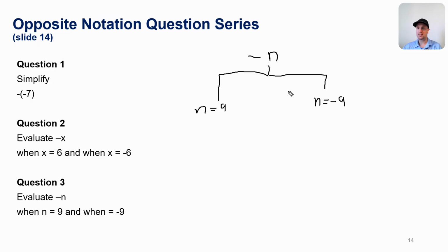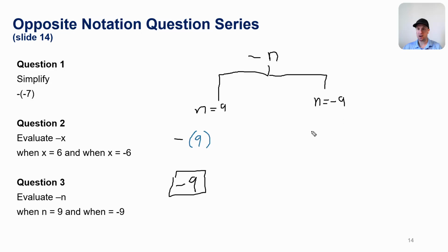So our process is initially the same. We are going to write our negative symbol, and then we're substituting in a +9 here. So now we would read this as, what is the opposite of +9? The opposite of +9 is a -9.